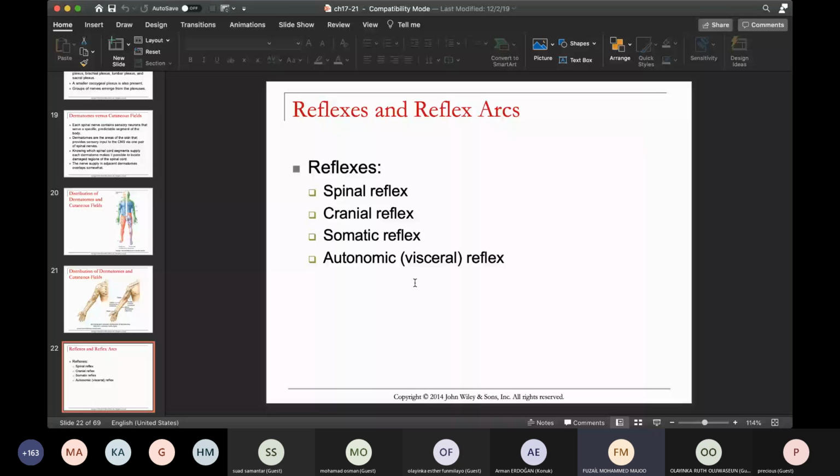Some reflexes you're born with, for example when you pull your hand away from something very hot. Even before you're about to touch a hot pot or a stove or an iron, you move away before that signal reaches your brain. Other reflexes you end up learning, in other words, these are acquired reflexes.